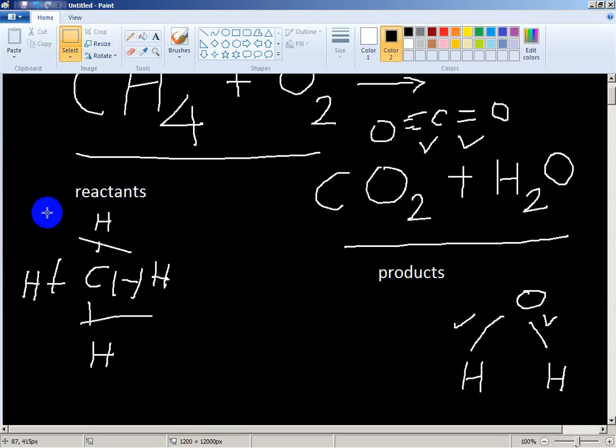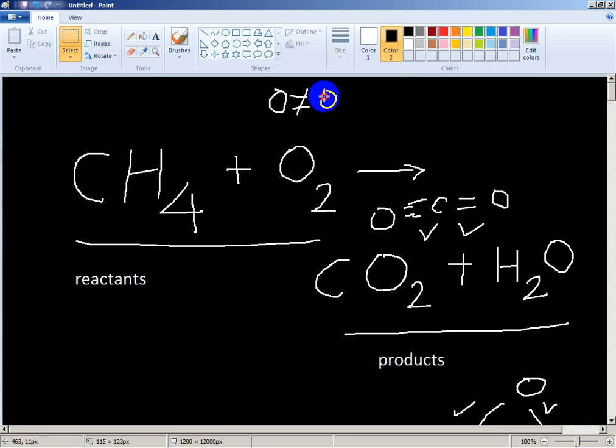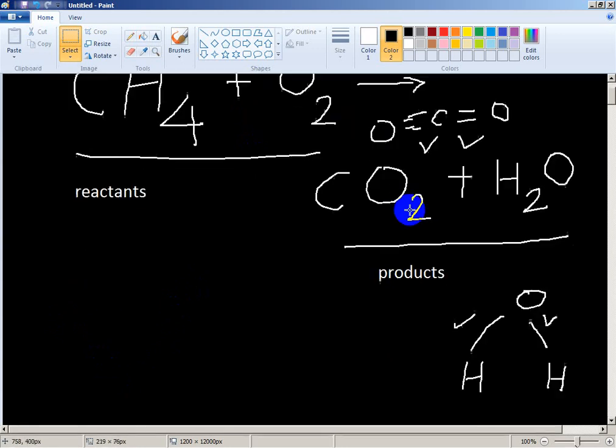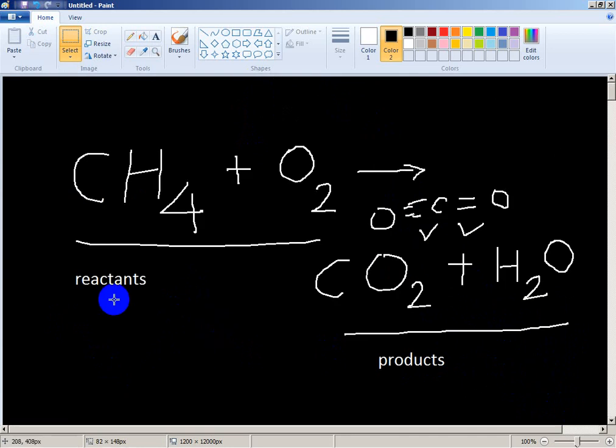Reactant bonds break, and product bonds are formed during the reaction. All bonds contain energy.